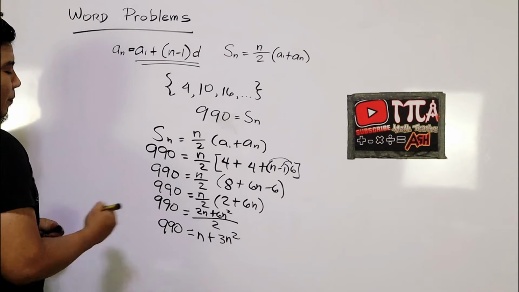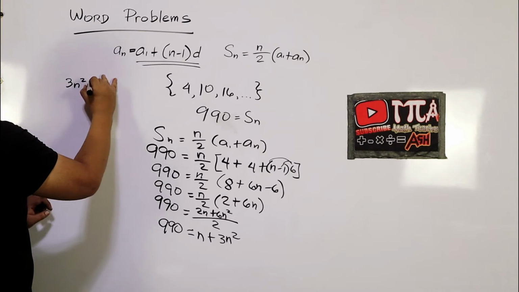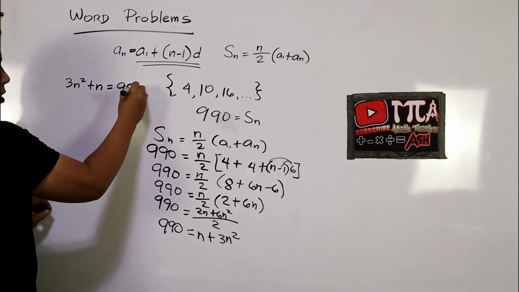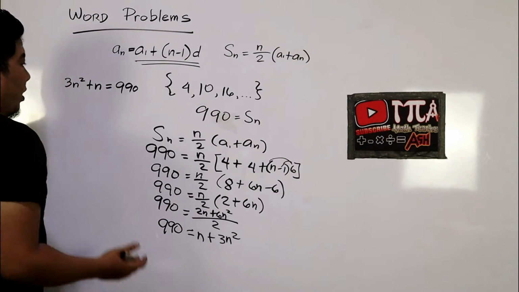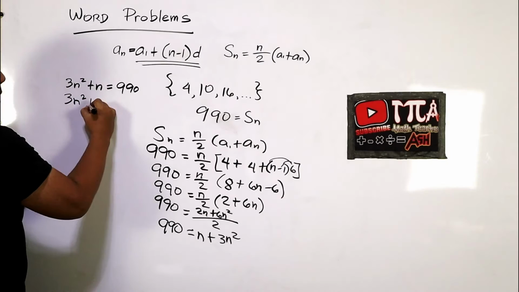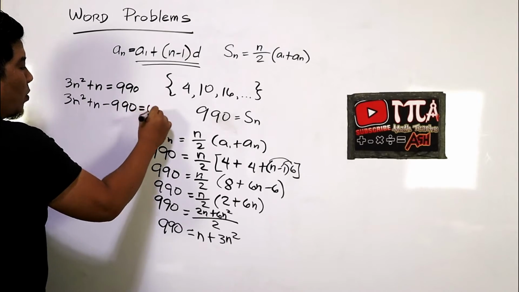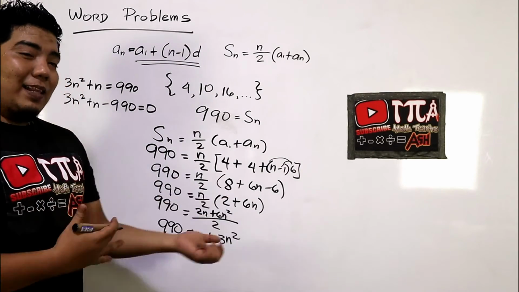That is basically 3n squared plus n is equal to 990, by the symmetry property. Then I will transpose 990, giving us 3n squared plus n minus 990 is equal to 0.